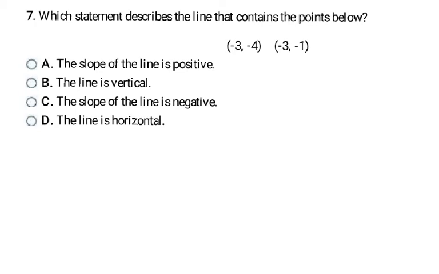This example here says, what statement describes the line that contains the points below? If I look at my choices, it talks about the slope being positive, vertical, negative, or horizontal. That tells me I'm going to want to calculate what the slope is. If I remember back from part 1 of this video series on slope, my formula for slope is to subtract the y's and subtract the x's.